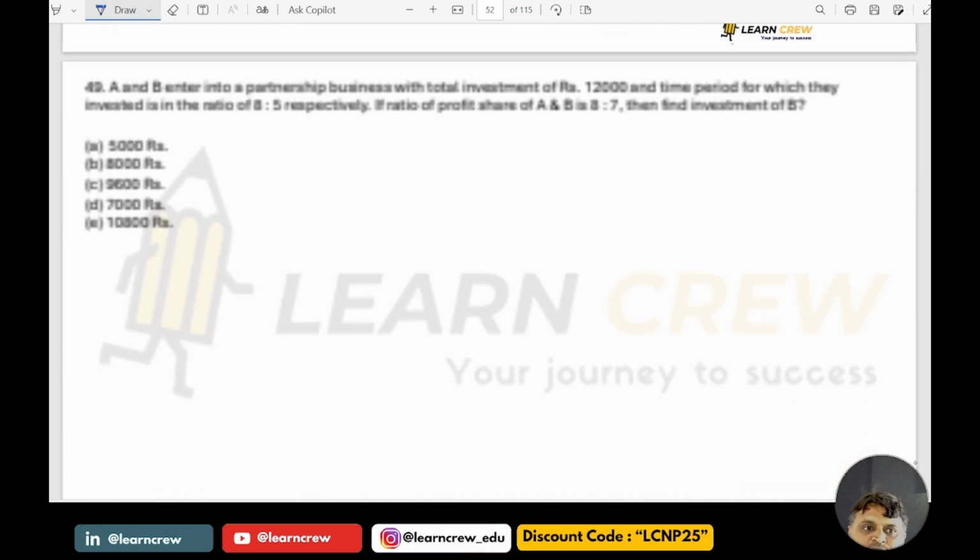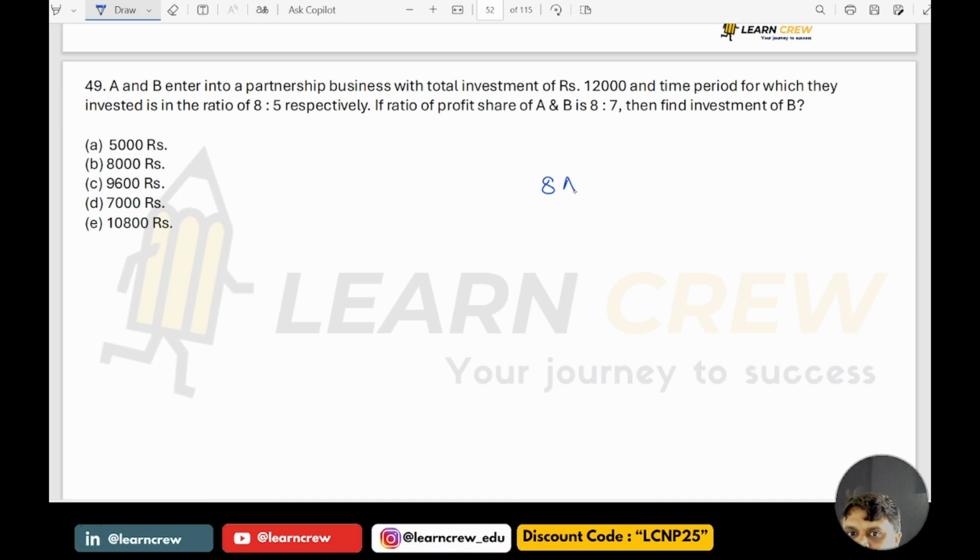Now question number 49. A and B enter into a partnership business with a total investment of 12,000 rupees and the time period for which they invested is in the ratio 8:5. If the ratio of profits is 8:7, then find the investment of A and B. So 8A by 8B is 8:7.